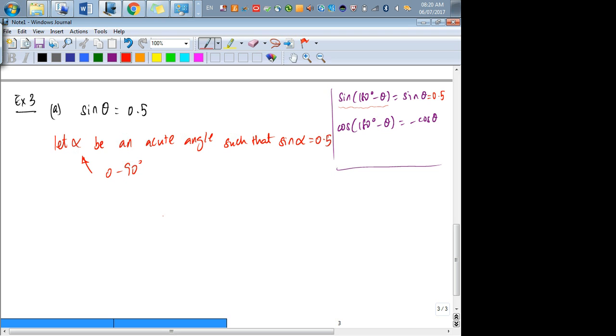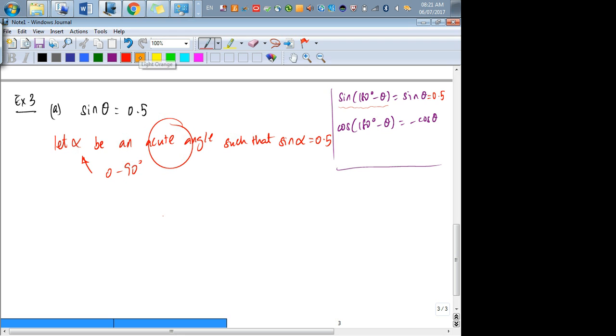Okay? We haven't really done anything special. I am just changing theta to become alpha. Why do I want to do that? I specify that alpha is an acute angle. Do you recall what is your theta in the question? Otherwise, refer quickly back to your question.